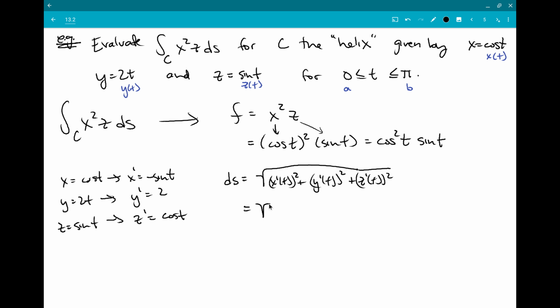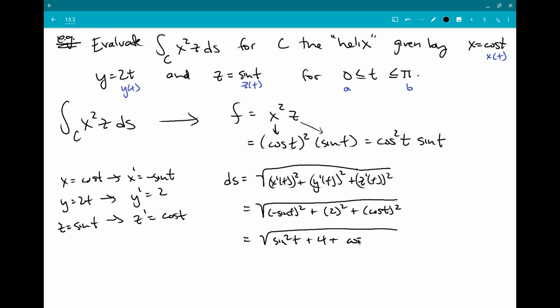So my ds is going to be the square root of negative sine t squared plus 2 squared plus cosine t squared. It's going to be the square root of sine squared t plus 4 plus cosine squared t. And I remember that sine squared plus cosine squared is just 1. So that's going to be the square root of 1 plus 4, or square root of 5.